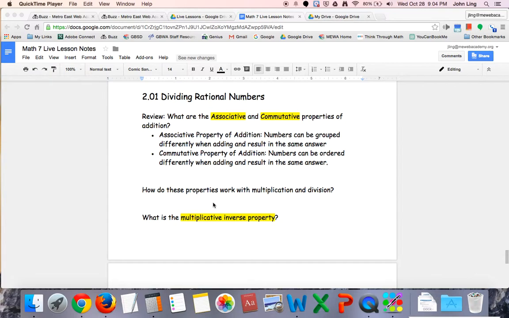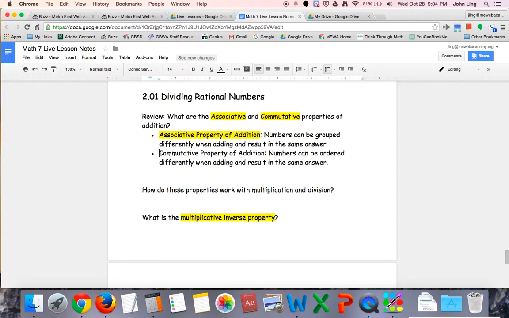So we looked at before the associative and commutative properties of addition, right? The associative property of addition was the fact that we can group numbers in different groups and then add them and we still get the same answer.